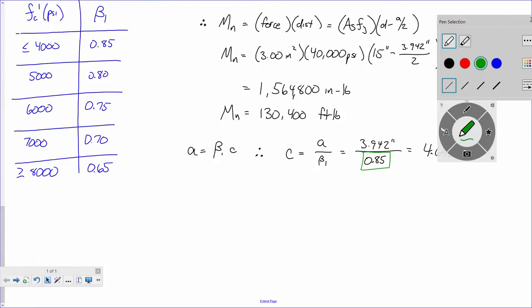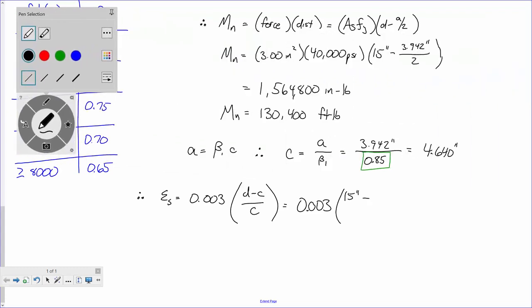D is what, 15 inches, minus 4.640. What do we get? 0.337.